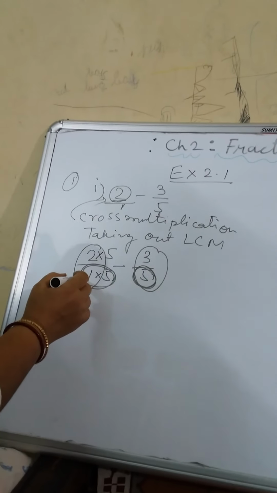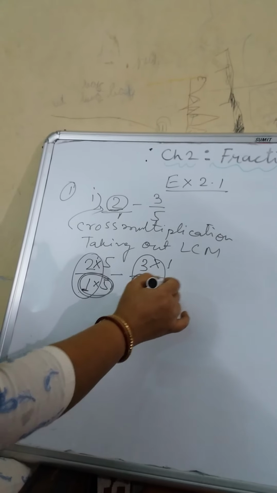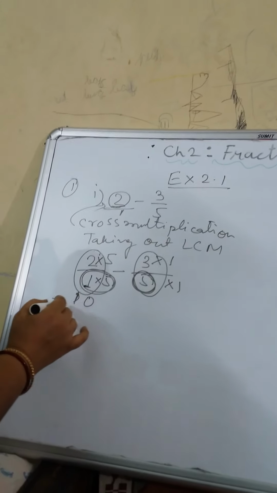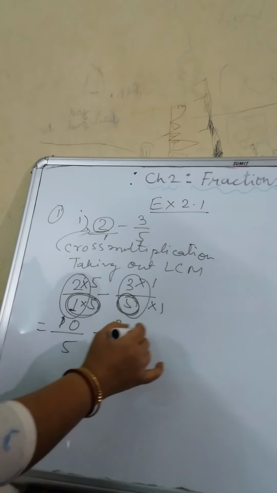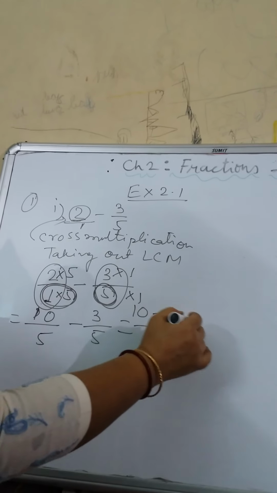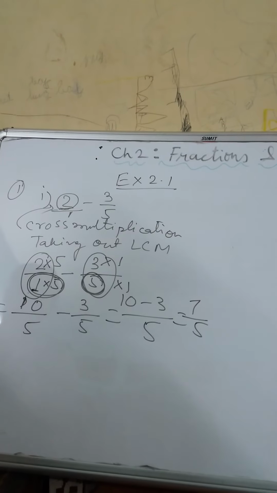So its denominator is 1. So it will be 10 by 5 minus 3 by 5, so the answer is 7 by 5.